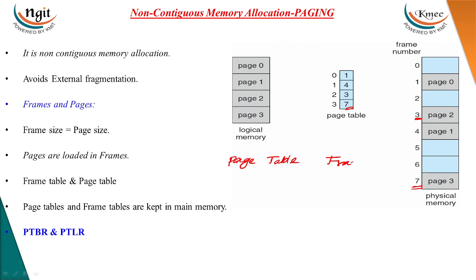Okay, so we need to maintain a page table as well as a frame table. What does the page table consist of? The page table consists of a page number that is the index to the page table, and each corresponding page will have a frame number. There are other attributes also associated with the page table. As we move on to next topics, we can see the different fields associated with the page table.